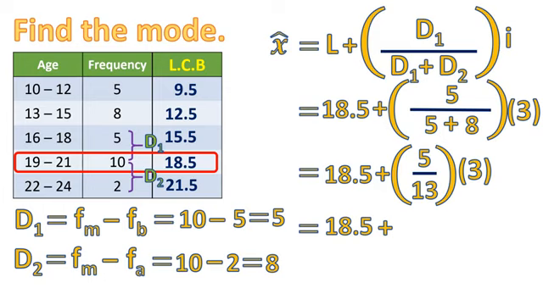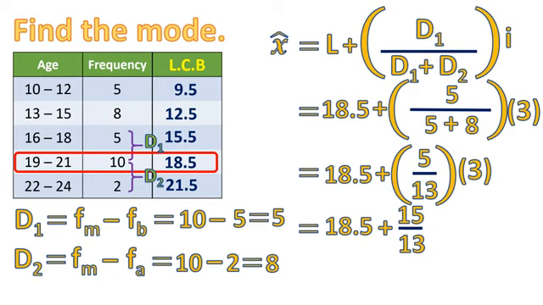And then the same way with the median, either you divide first or you multiply first. But in my case, to avoid complication, you better multiply first before you divide. So you do 5 times 3 before you divide it by 13. So 5 times 3 is 15 over 13.